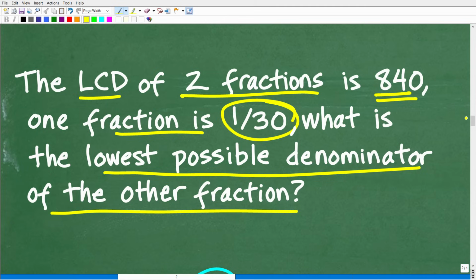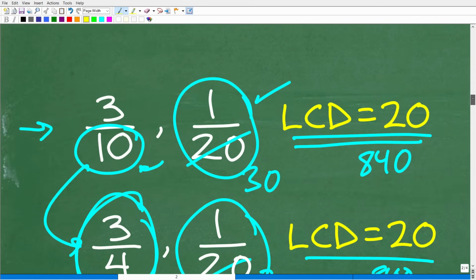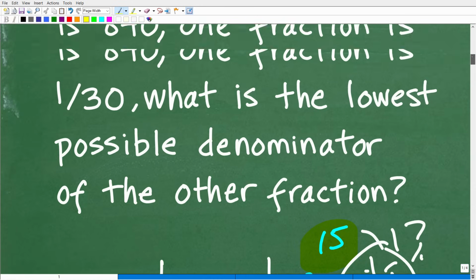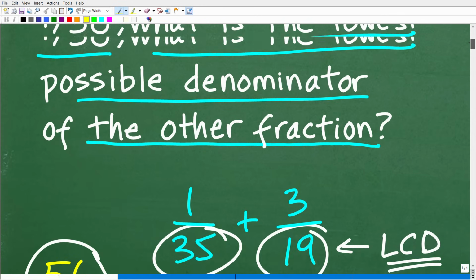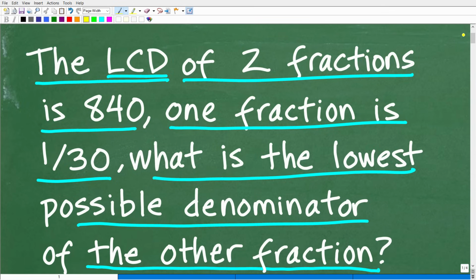If you don't truly have a firm grasp on fractions, denominators, factoring, factor trees, etc., you won't even be able to rationalize what to do in this particular problem. That's why, in the very beginning of this video, when I was talking about basic math, there is no such thing as basic, simple stuff. Everything can be made complex.